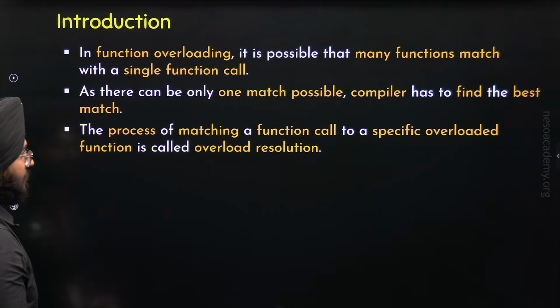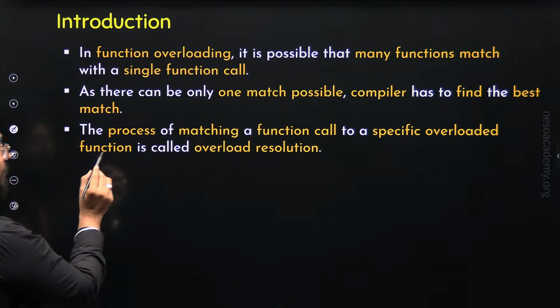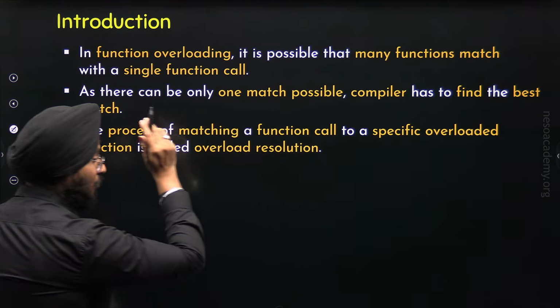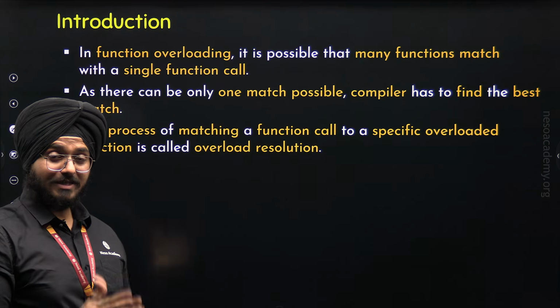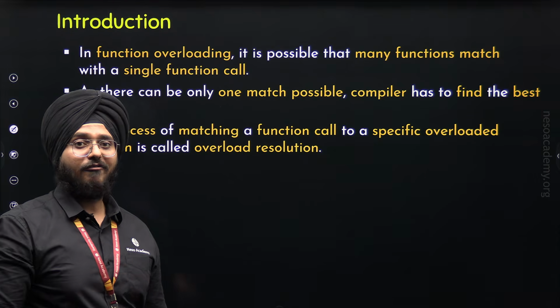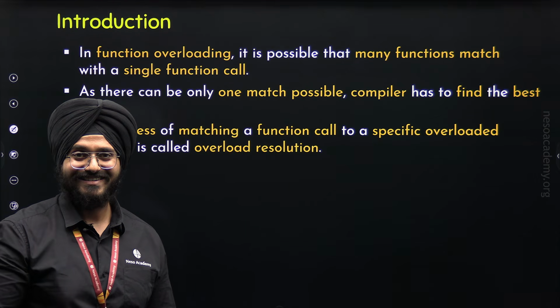The process of matching a function call to a specific overloaded function is called overload resolution. So that's the concept of overload resolution. It is the process of finding the best match for a specific function call.